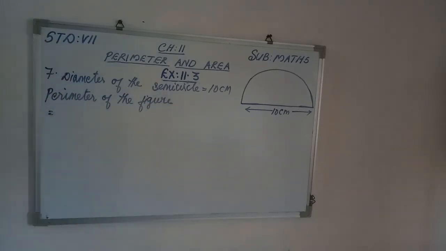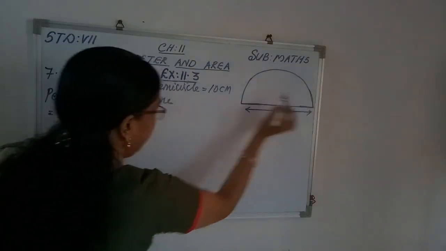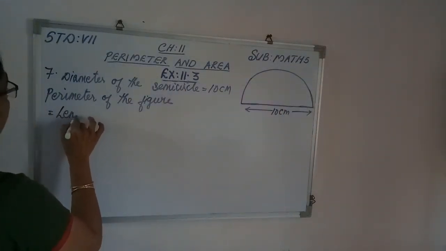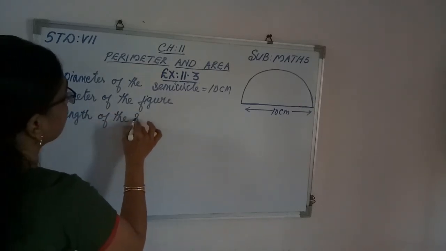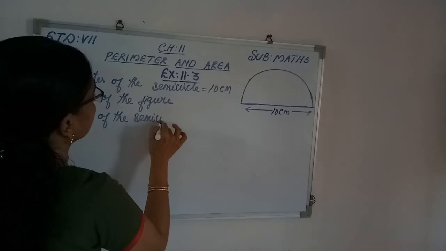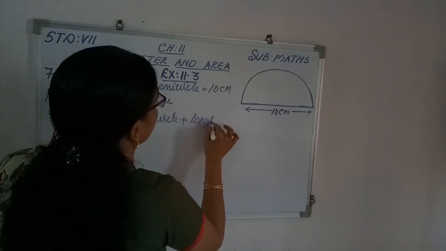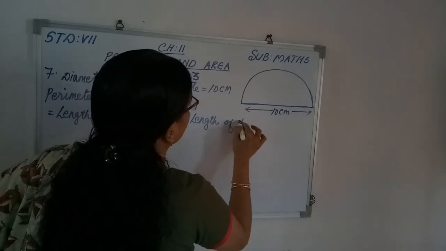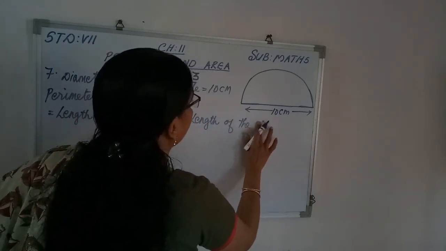That's equal to length of the semicircle plus length of the diameter. How can you find out the length of the semicircle? Length of the semicircle plus length of the diameter.